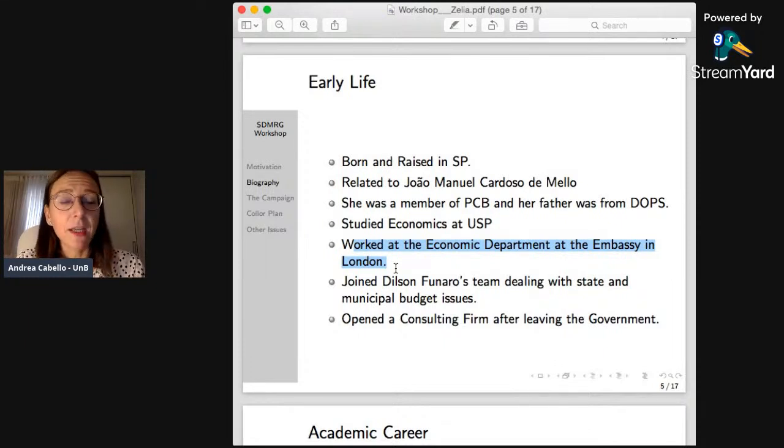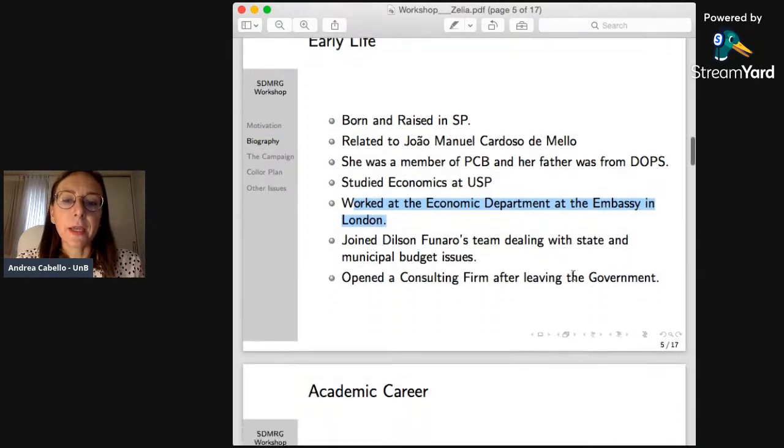That's how she met Collor, and she had very close personal ties with him. They played volleyball and met socially at the time. When Funaro left government, she left as well. She opened a consulting firm with a few colleagues, and started offering services for the government of Alagoas after that.